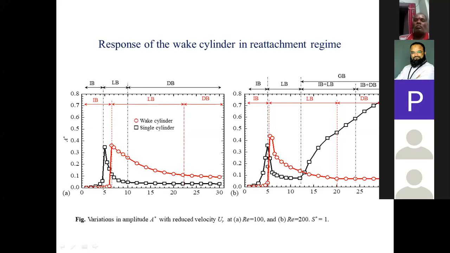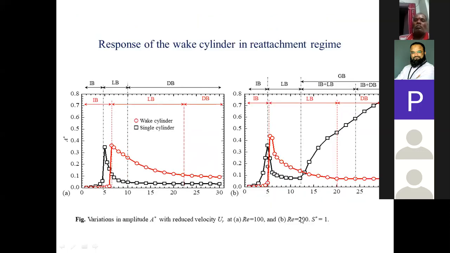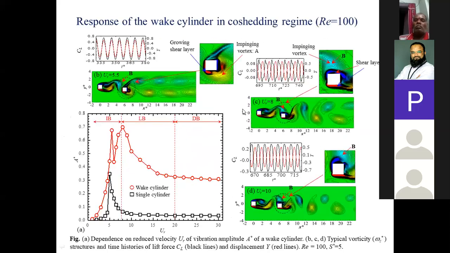Now these were the results when the cylinders are placed very near, when the spacing between the two cylinders is 1. Now further, if we increase the spacing between the two cylinders, as I discussed, this falls in the co-shedding region, where the distance between the two cylinders is enough that the upstream cylinder sheds the vortices before attaching to the downstream cylinder.